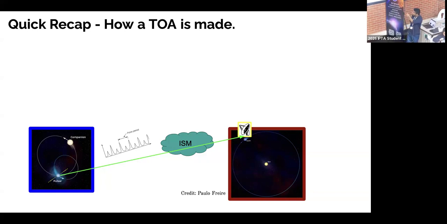So the bottom plot is a cartoon of what happens when a pulsar emits a pulse. So the pulsar is going around a binary companion, and as it rotates, it will emit radio pulses, which travel through the interstellar medium and reach Earth, which is rotating and going around the sun.